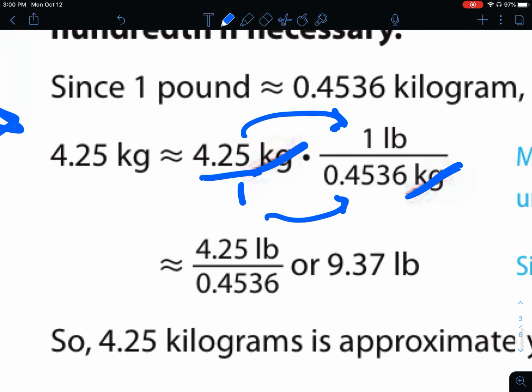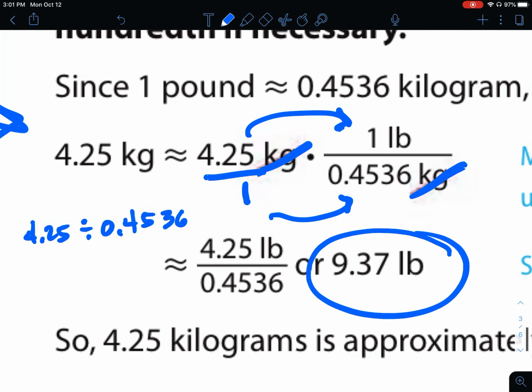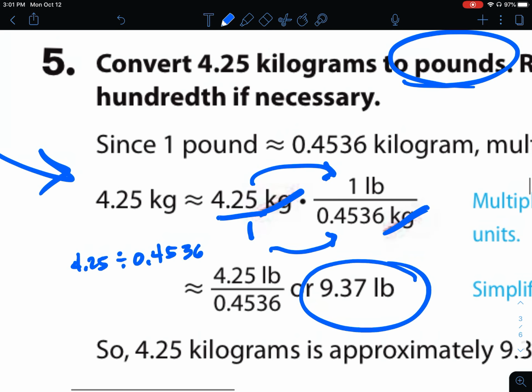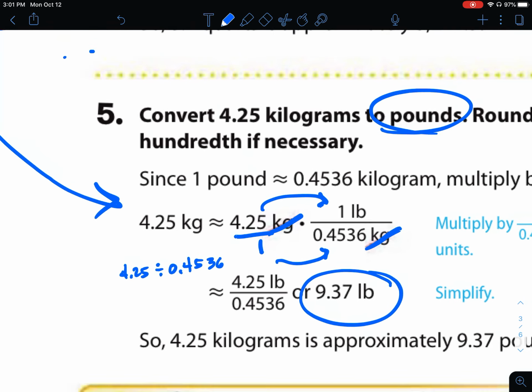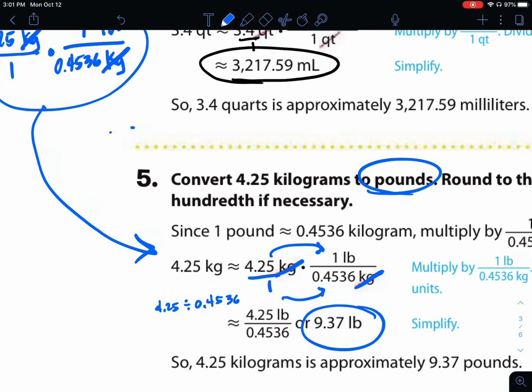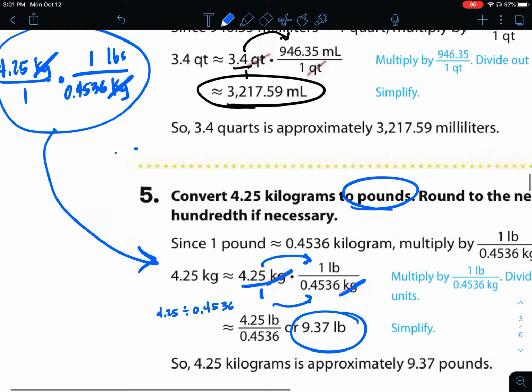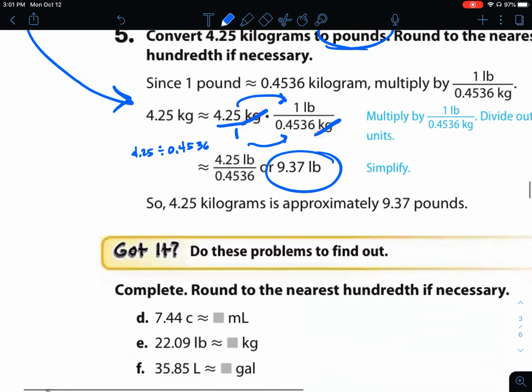So we get our calculator, we get 4.25, and we press divided by 0.4536, and this is our quotient rounded to the nearest hundredths place. So 4.25 kilograms is approximately 9.37 pounds.